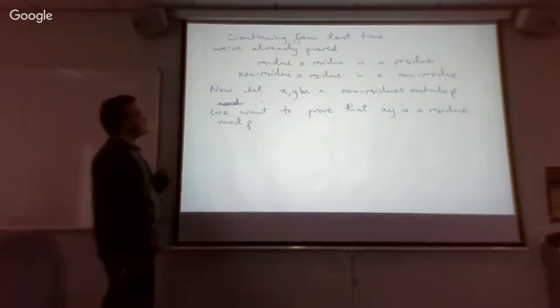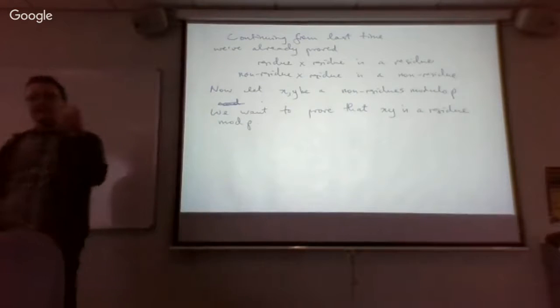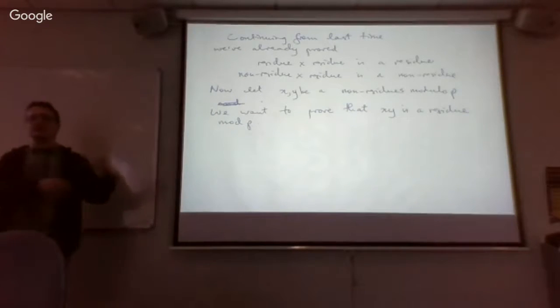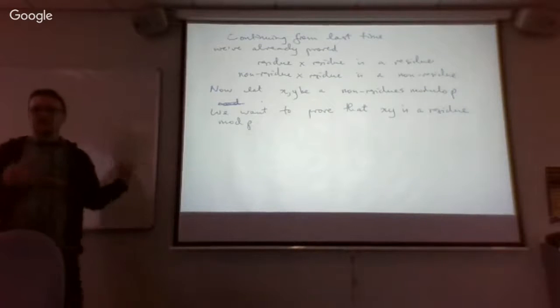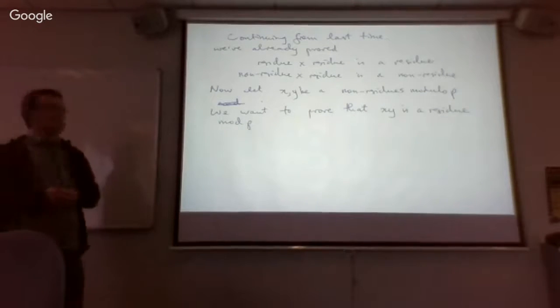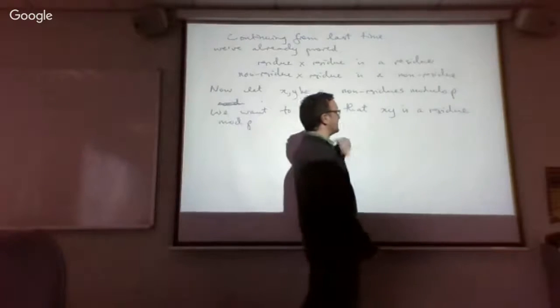Because saying x and y are non-residues, that's a kind of negative statement. It means they don't have square roots. So there aren't these other elements of the system that we can bring to hand and start manipulating. However, we have to prove that x times y is a residue.